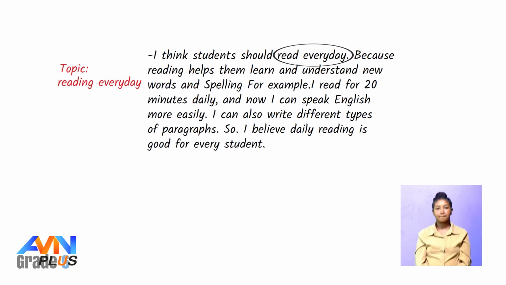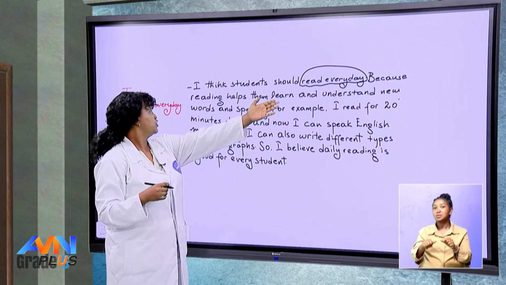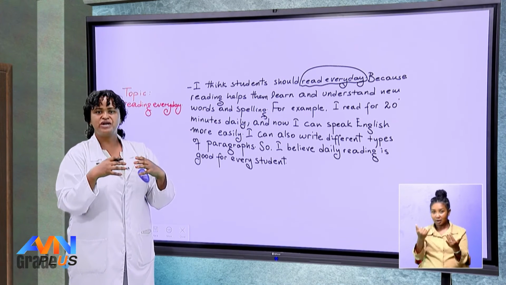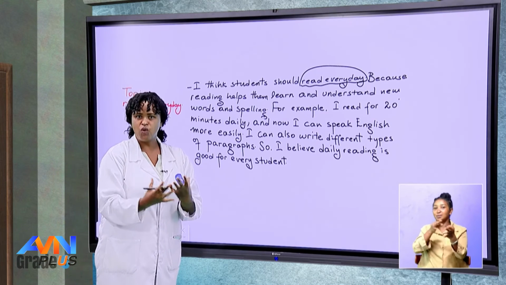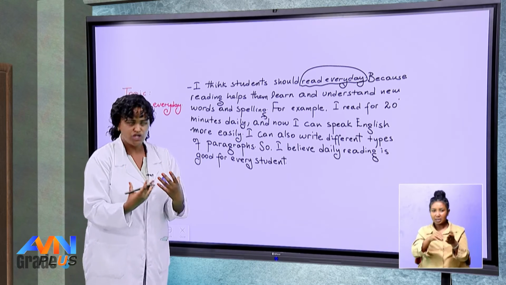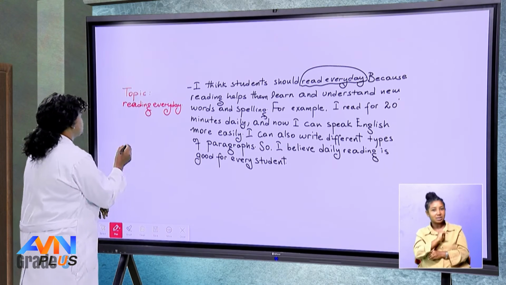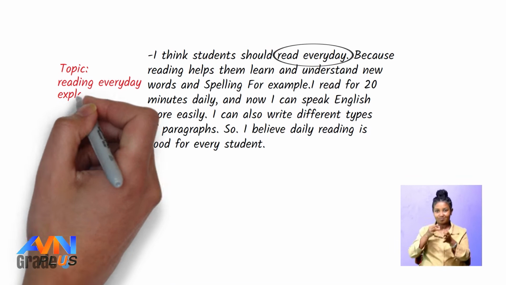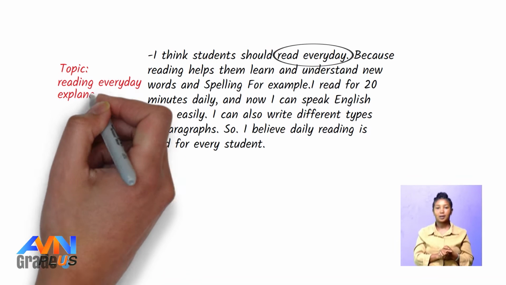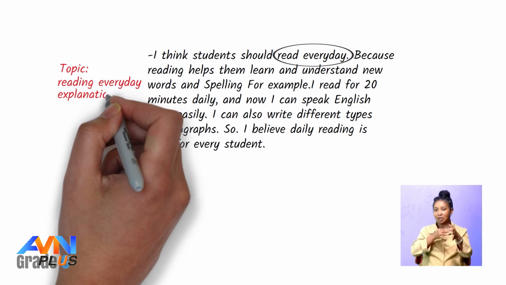Okay. So let's go. What do we find there? Because now the person is trying to give us what? More explanation why he believes that reading is good. So we have what? Explanation is here. Here is our explanation. He says what?